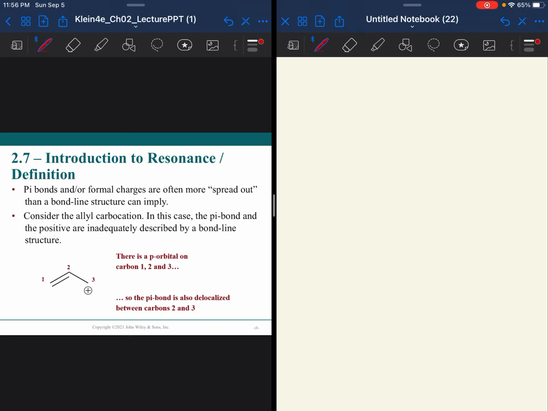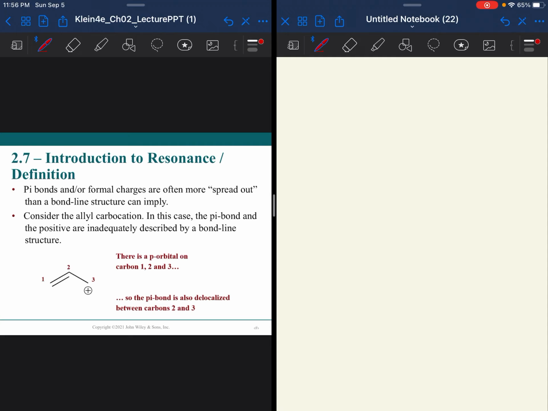But there is a limitation to Lewis structures. And we see that a lot in organic with different types of multiple bonding, like double and triple bonds, in charged molecules like anions and cations, and with our heteroatoms that usually have lone pairs.